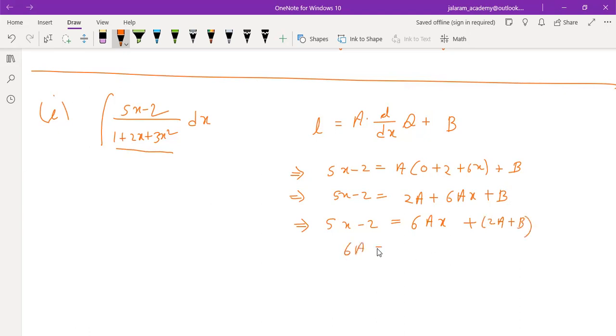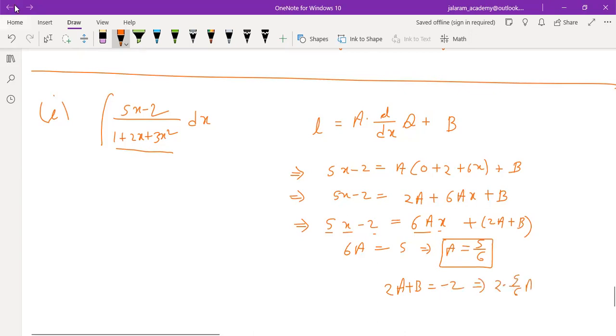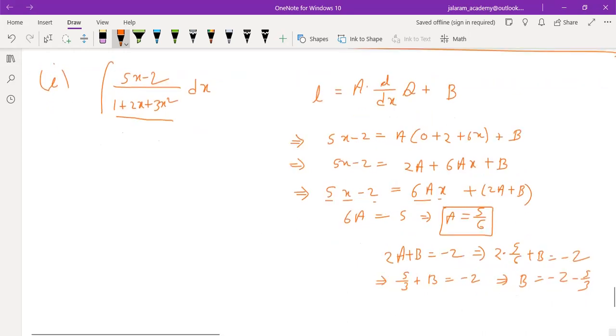Comparing both sides, 6a, which is the coefficient of x, equals 5, giving a equals 5 by 6. Again, 2a plus b equals minus 2. So 2 into 5 by 6 plus b equals minus 2. It implies 2 3s are 6, so 5 by 3 plus b equals minus 2. b equals minus 2 minus 5 by 3. Understood, everyone?